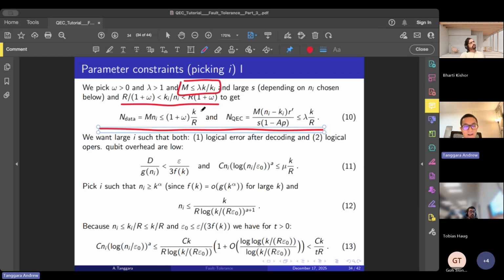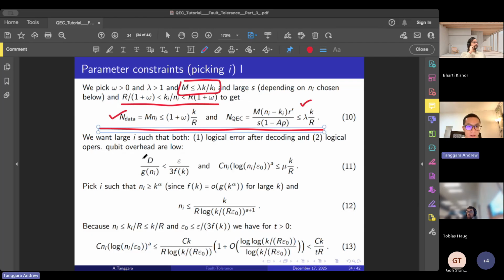Now you can just plug n_i in there, and then you get this first inequality, and you do the same thing to get the second one. I'm not going to go through it step by step here, but that's basically what you want to do.